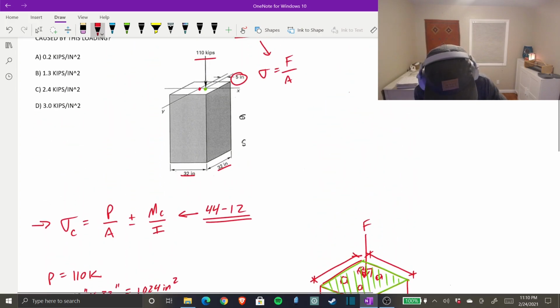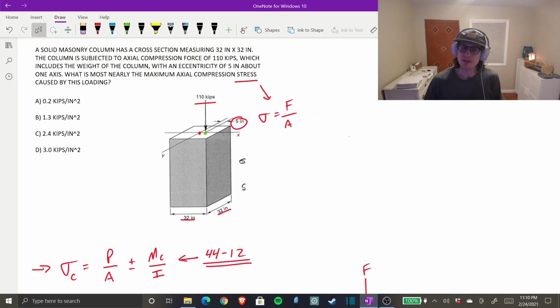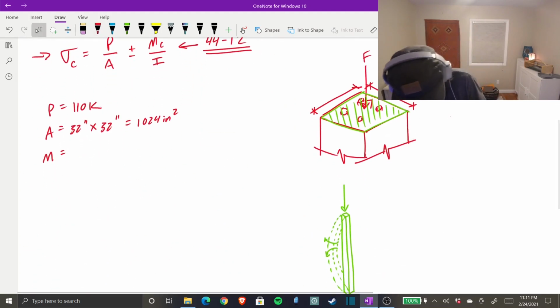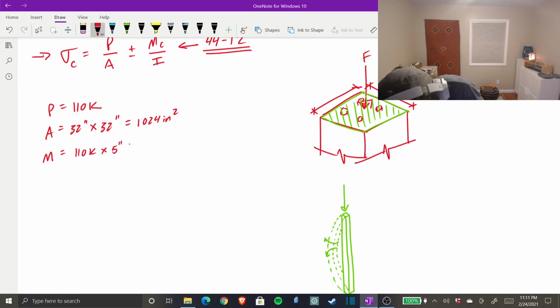Our moment, as we know, is still equal to a force times a perpendicular distance. Well, the perpendicular distance is 5 inches, because that's the eccentricity from the force to the centroid of the column. And our force is 110 kips. So moment is going to be 110 kips times 5 inches, which equals 550 kip-inch.